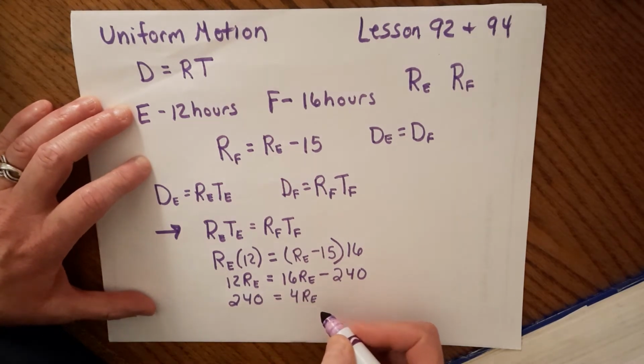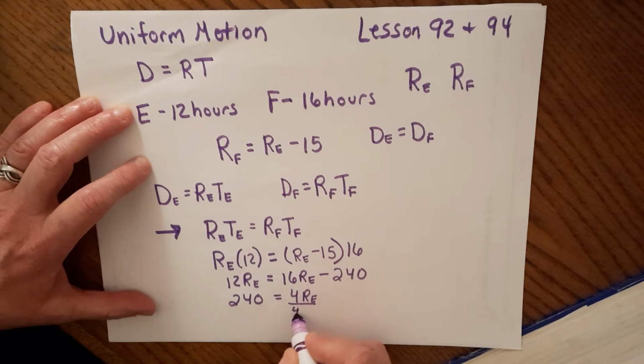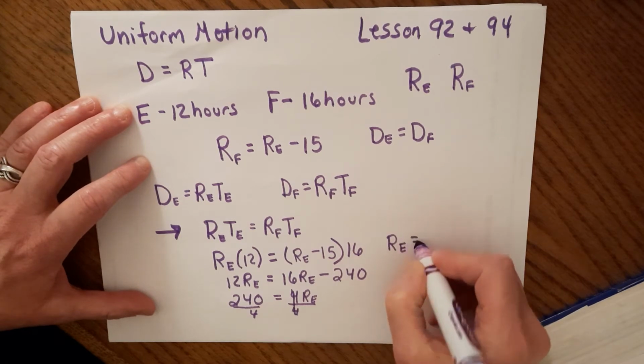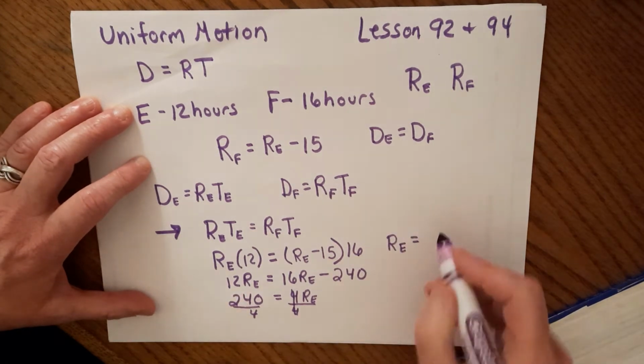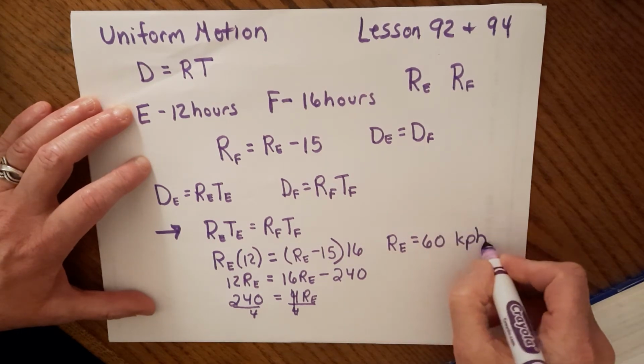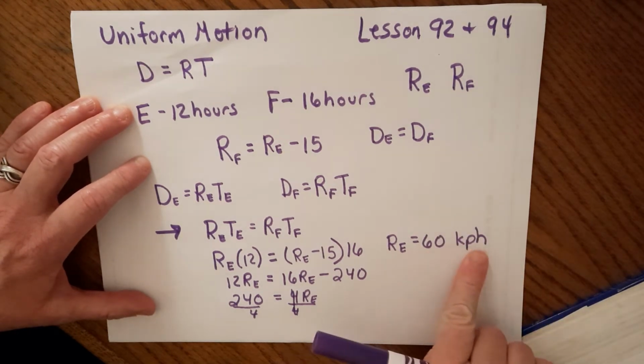Now, if we divide each side by 4, these 4s cross out, leaving us with the rate of the express train equals 240 divided by 4, which is 60. Now we know the rate of the express train is 60 kilometers per hour.